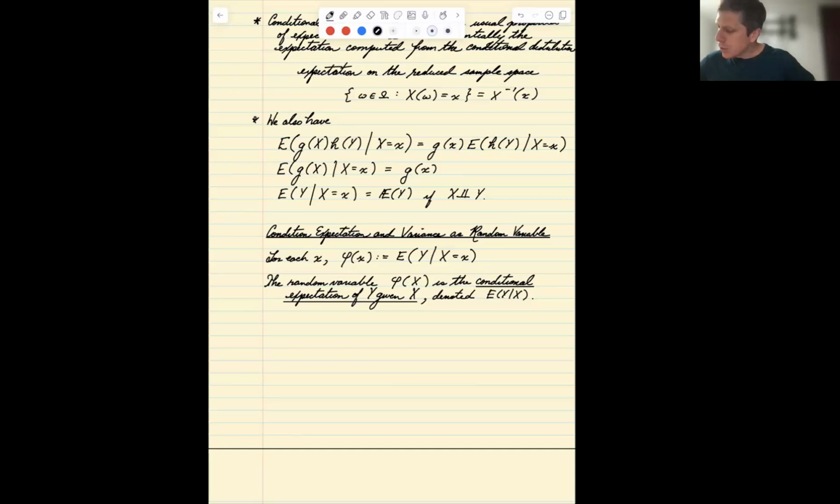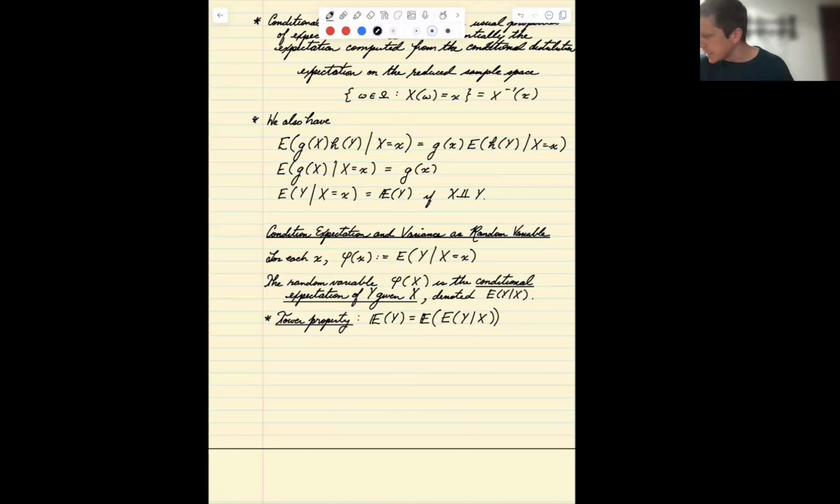Okay, so we have a few properties of this. One very important property is that this satisfies what's called the tower property for conditional expectation, which is that if we consider the expectation of the conditional expectation, we just get back the original expectation.